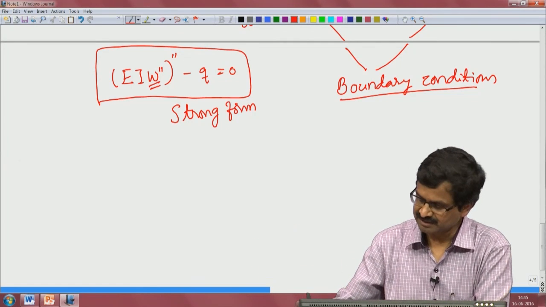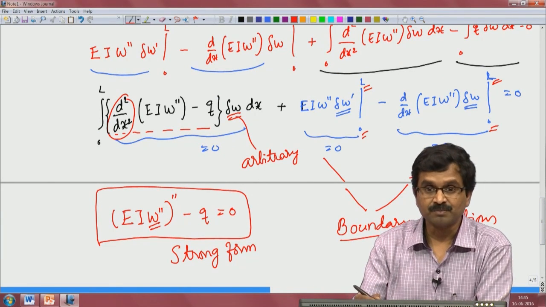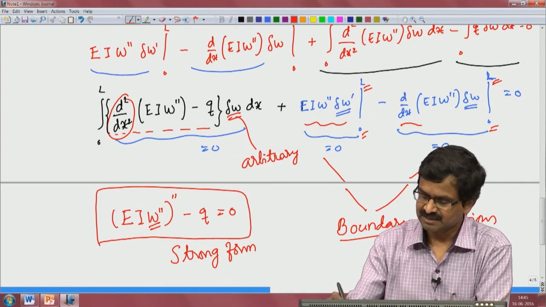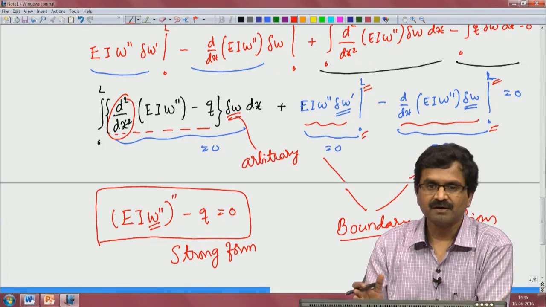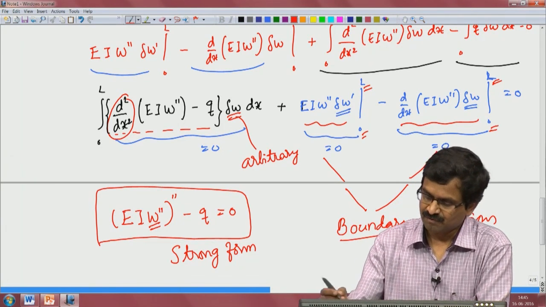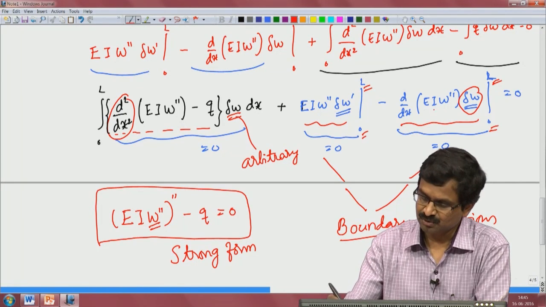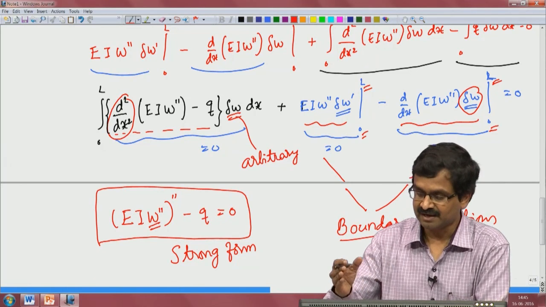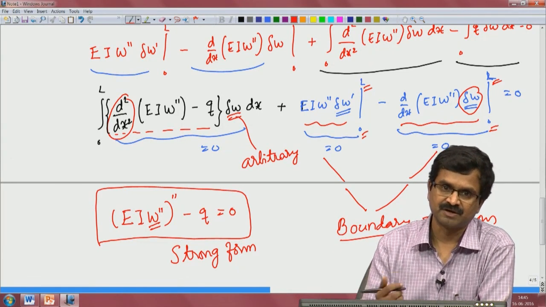So, whatever boundary conditions are there, whether w is specified or slope is specified, we can go back to these conditions and write out our boundary conditions, Dirichlet, essential, or Neumann, natural. So, when w is not specified, this thing is not 0. So, EI w triple prime should be 0, or d by dx of EI w double prime should be 0, where I can be a function of x as we have taken.